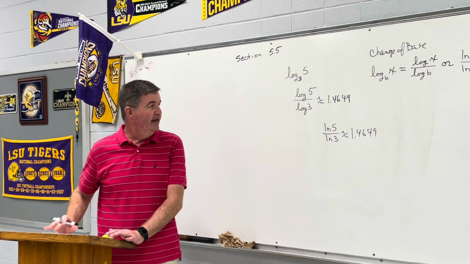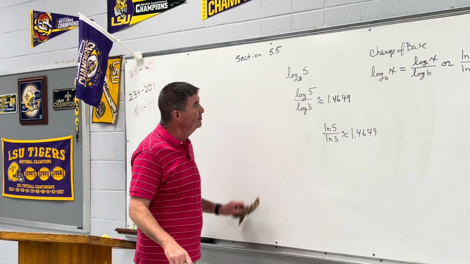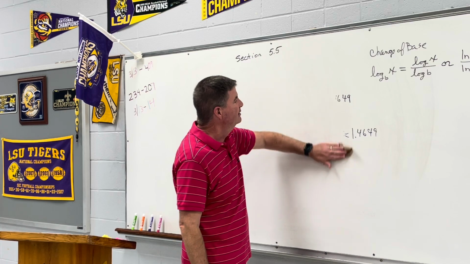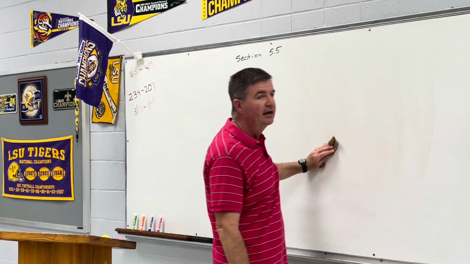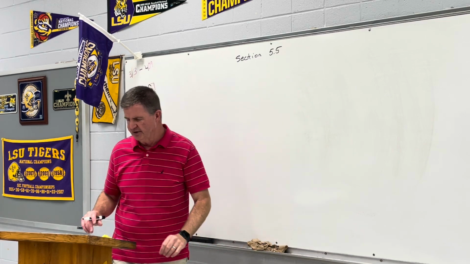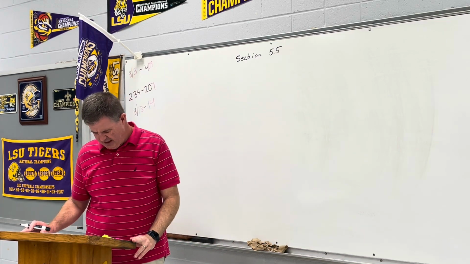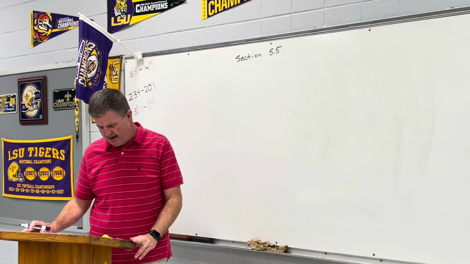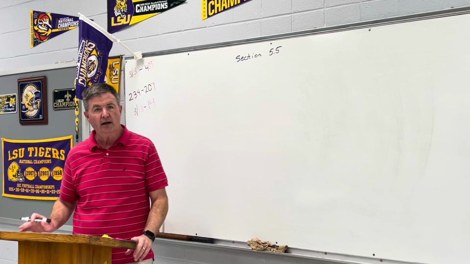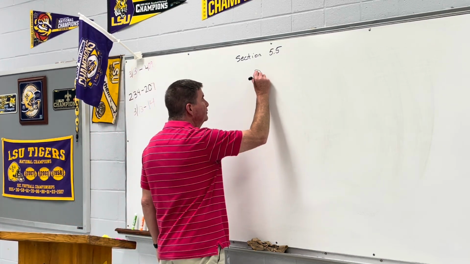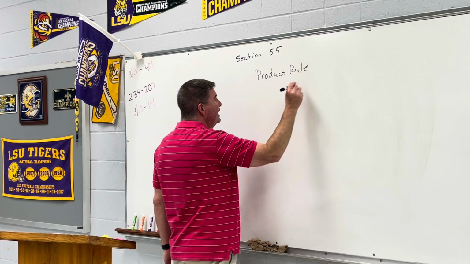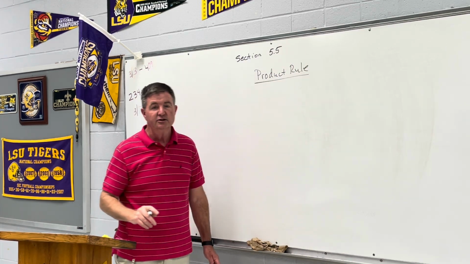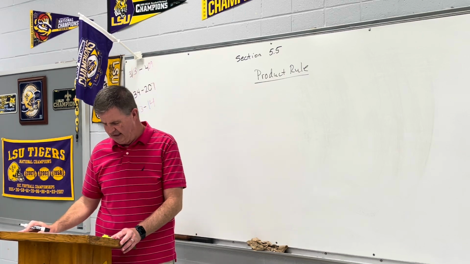Now the next thing that we have after the change of base formula is going to be expanding logs. So we're going to be given logs that we can write as something that is larger. The first rule that we have is called the product rule. The product rule means to multiply together.